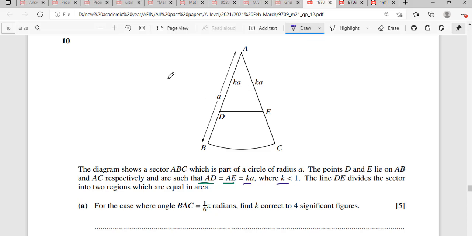Then for the area of this triangle, since we know this angle is 1 over 6 pi, the area is 1 over 2 AB times AB, by which I mean the two sides of the angle. They are the same, both are KA, so it will be KA squared.